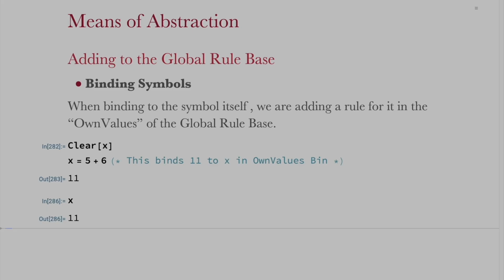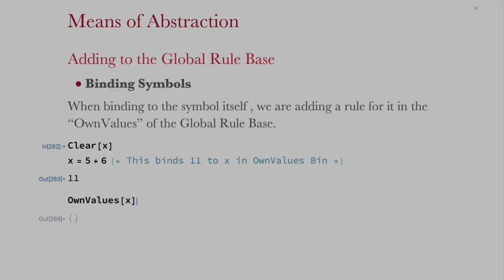So the first place in the rule base it looks is what's called the own values. If I go to OwnValues, this is again a Mathematica primitive, let's say Z. Oh, I defined Z previously by something. Let me use something I haven't defined before. Y, yeah, it's empty.